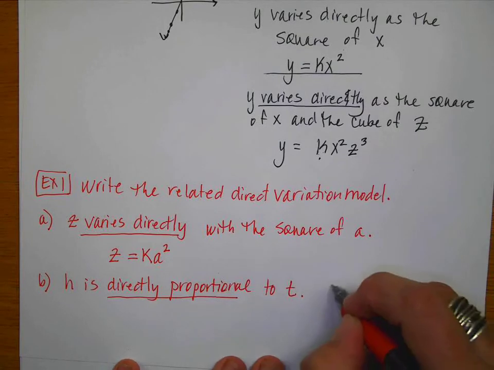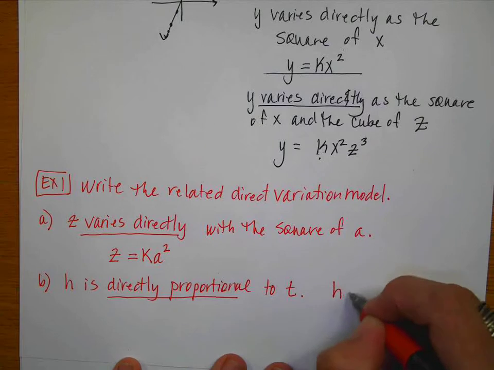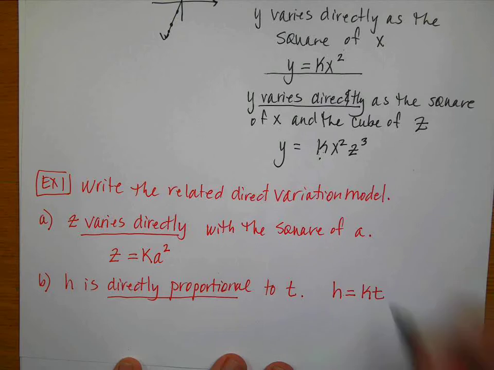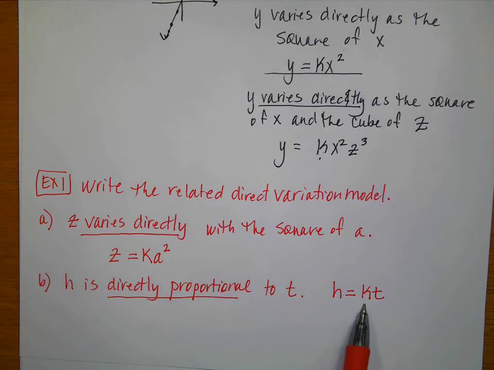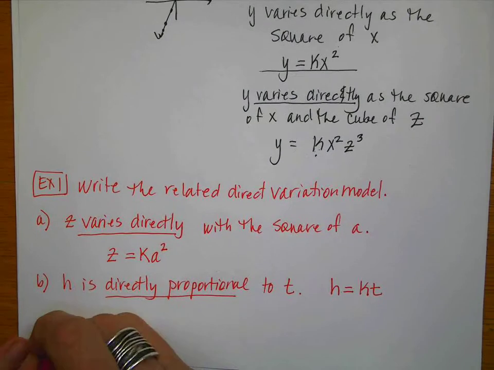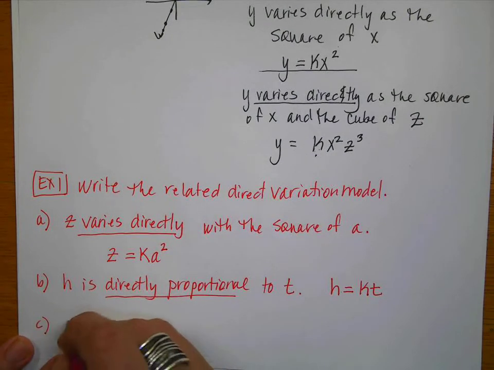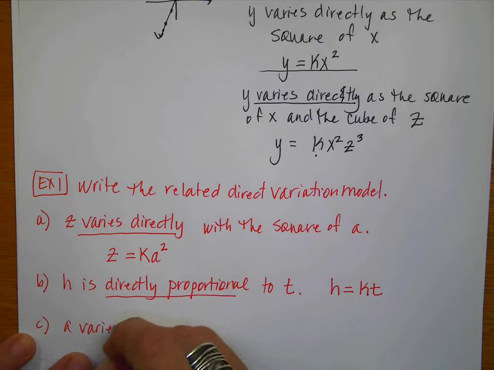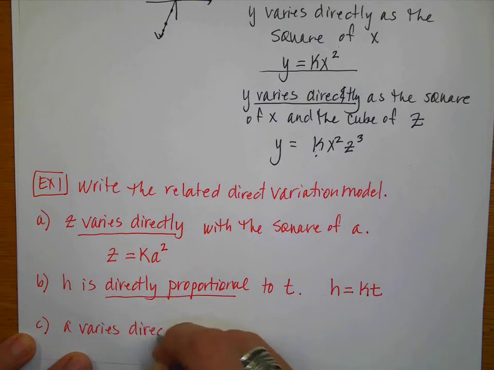So if I wrote that equation, h is directly proportional to t. Anytime you see the words varies directly or directly proportional, or another type of proportional, it's always going to generate this constant of proportionality.